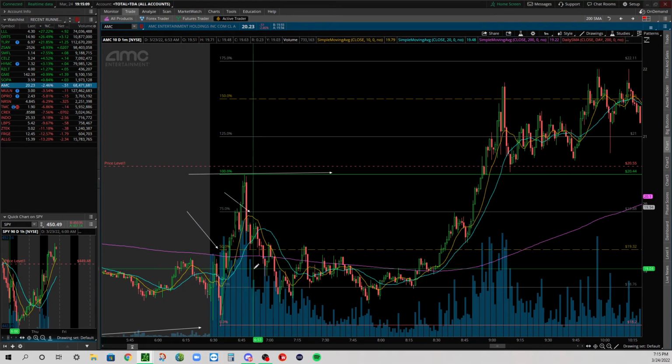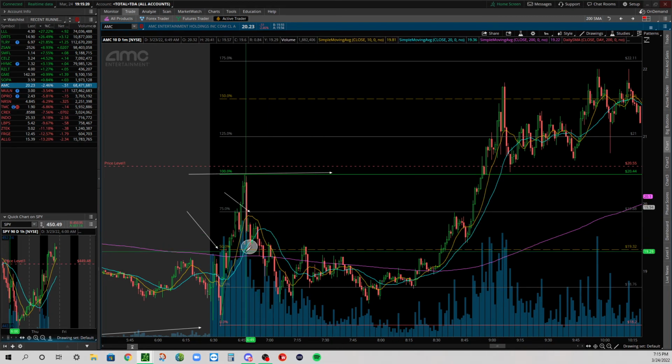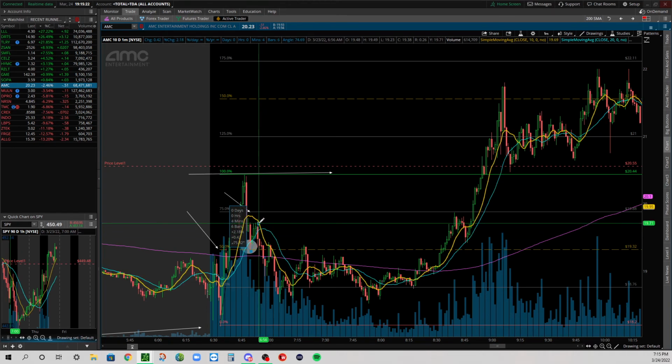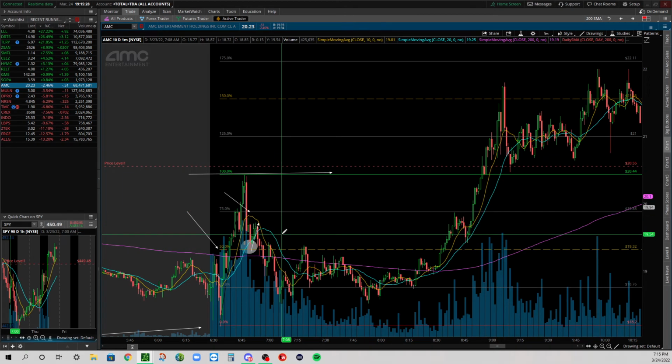Okay, 50% level. And as you can see right here, this was the actual real bounce, like a mini bounce for that day, and this could have been a decent scalp, right? And then the next target would have been this 75% area before coming back down.